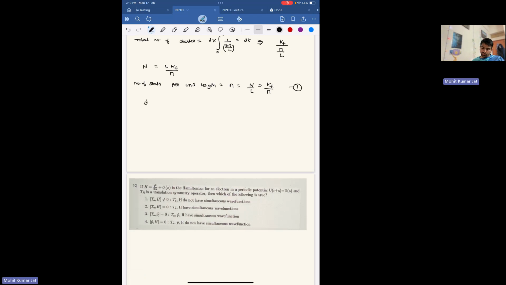So let's just differentiate, dn by dkf will be nothing but 1 over pi. That's my equation number 2.